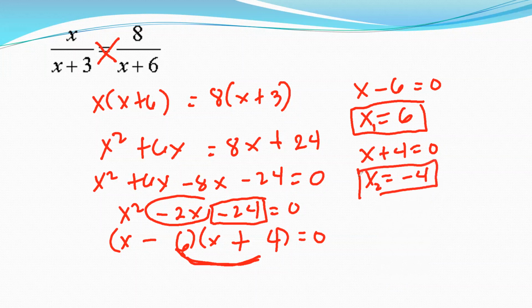So this equation or rational equation is true if x is equal to 6 and negative 4. Yes, we have two values of x's that will make this equation true. Why? Kasi we were able to form a quadratic at the beginning. So pagka ganun, automatic, dalawa na yung value ng x's na tinitingnan natin.